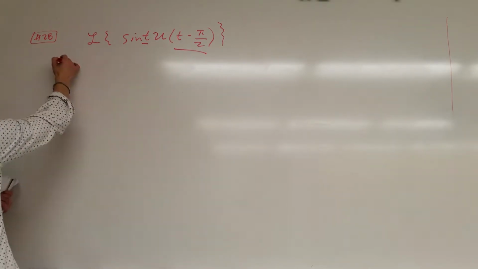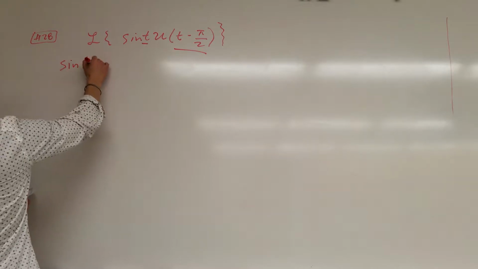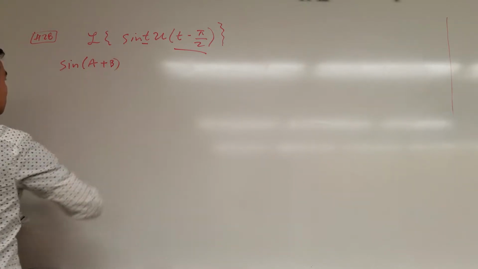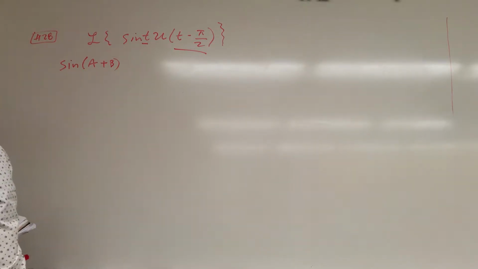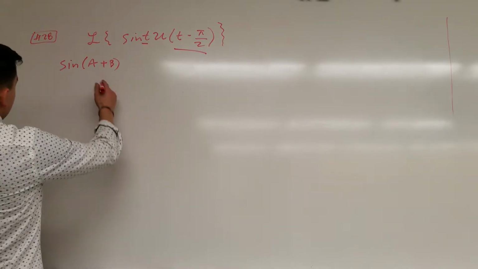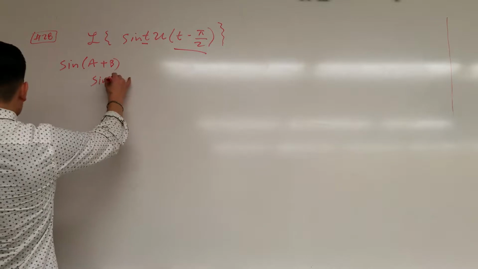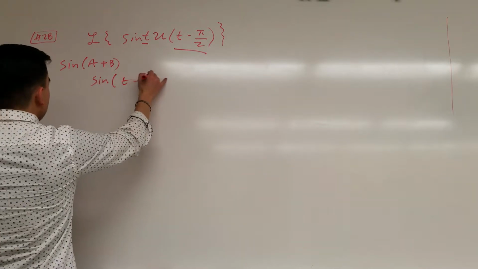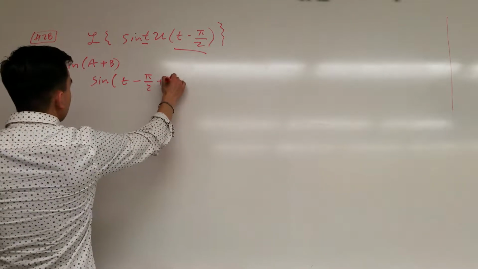I'm going to use the sine A plus B identity. And this is going to mean sine of t minus pi halves plus pi halves.